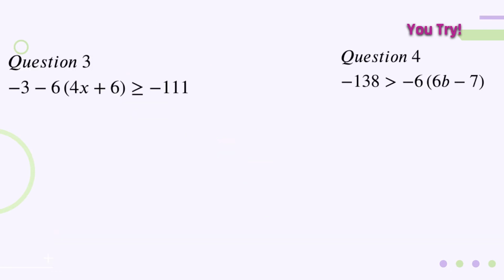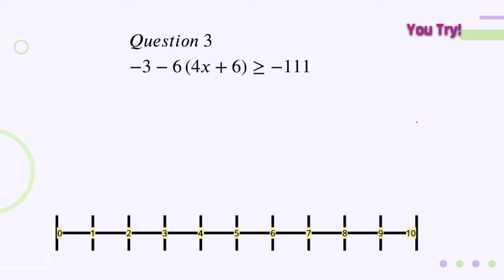Here are 2 additional questions that I would like you to work out on your own. To solve this problem, we need to first distribute the -6 to everything inside of the parentheses. Left with -3 minus 24x minus 36 is greater than or equal to -111.